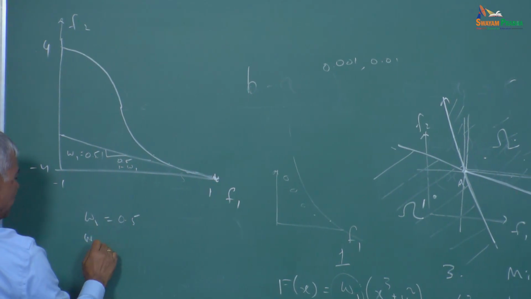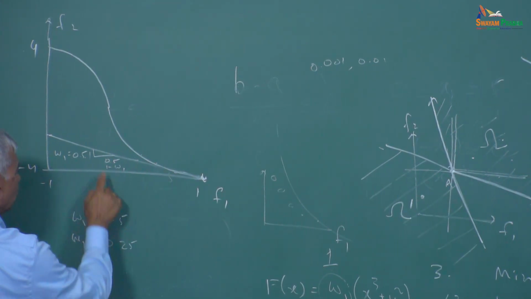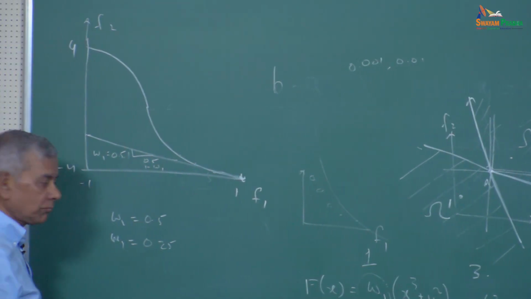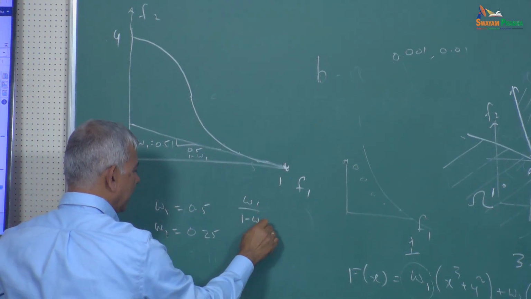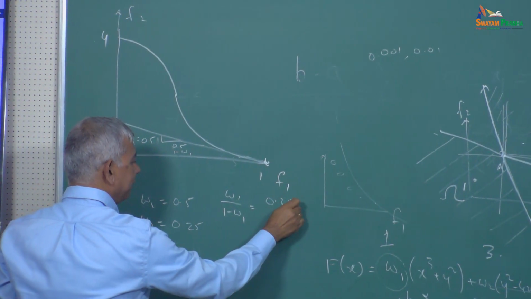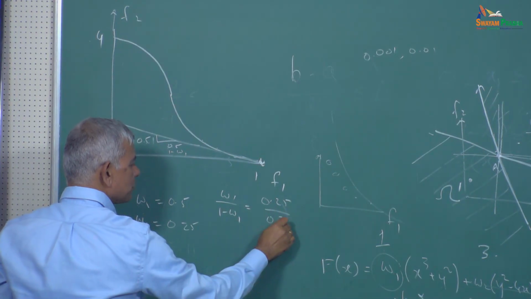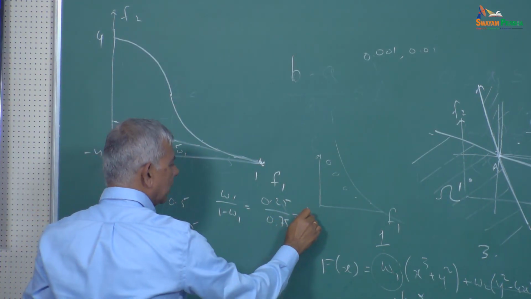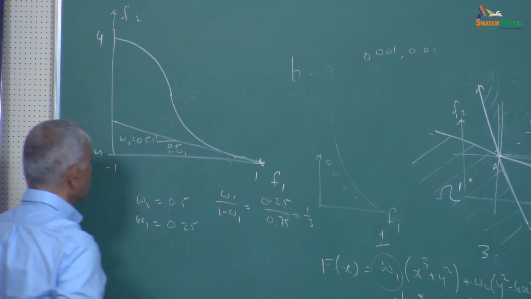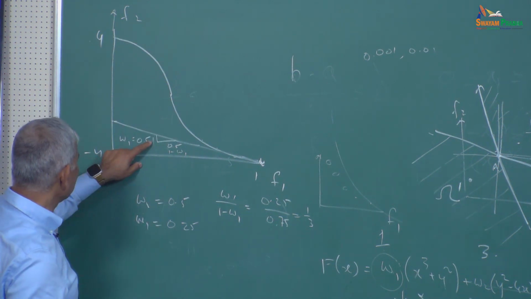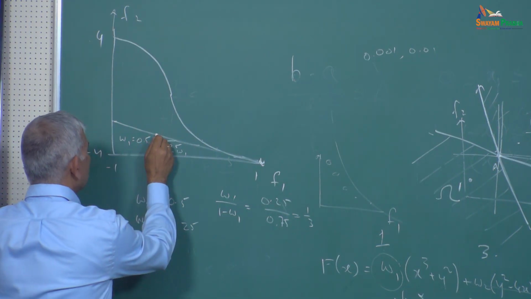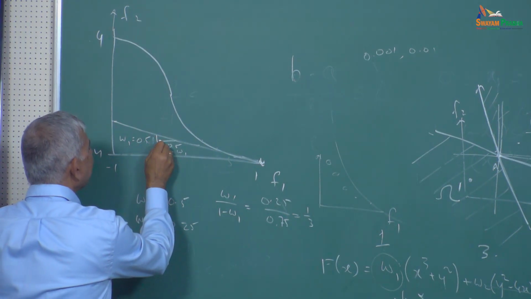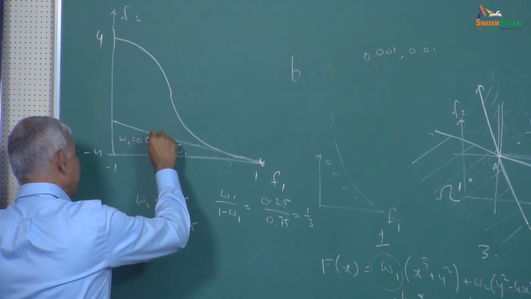Now let's choose W1 0.25. What will be the slope? Slope is W1 by W2, W1 by 1 minus W1. So when it's 0.25, this is 1 minus 0.25, 0.75. So this is 1/3. So that means if you go 1 this way, you will go 1/3 that way. So I need a slope that is like this.